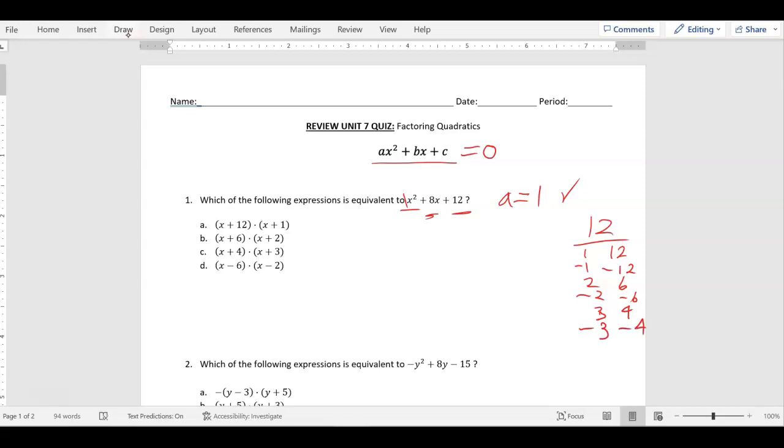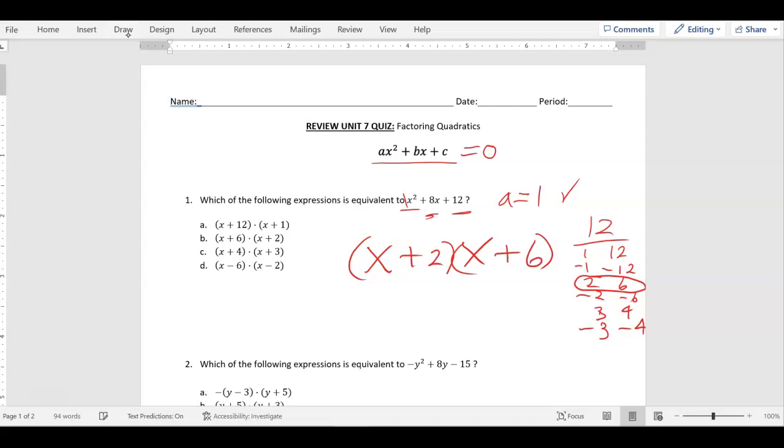Okay, and now we're trying to see which one of these options adds up to give us 8. All right, so the only thing that adds up to make 8 is 2 and 6. Okay, so since that's the only option, we're going to put it into two parentheses, x plus 2 and x plus 6.